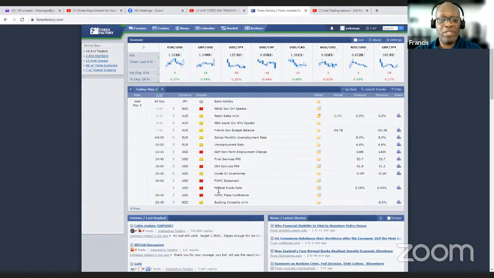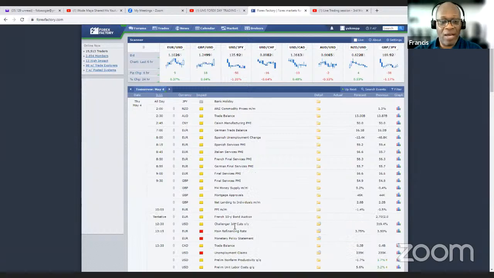Then you have FOMC at 7, followed by the federal funds rate, which is similar to our interest rate news in the UK, when they decide whether they are raising the interest rate or not. Whenever the US have theirs, it's usually a couple of days before we have our own here in the UK.